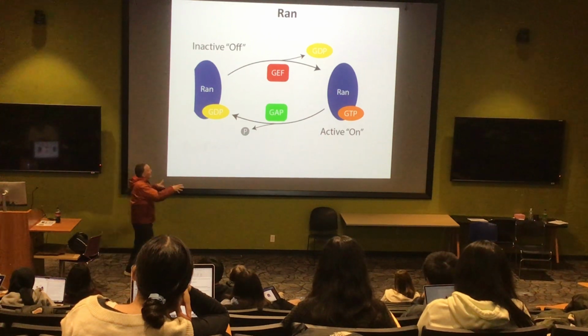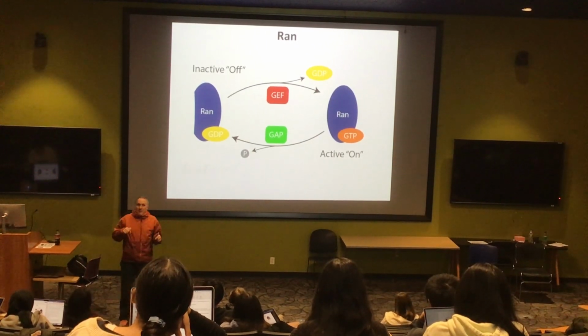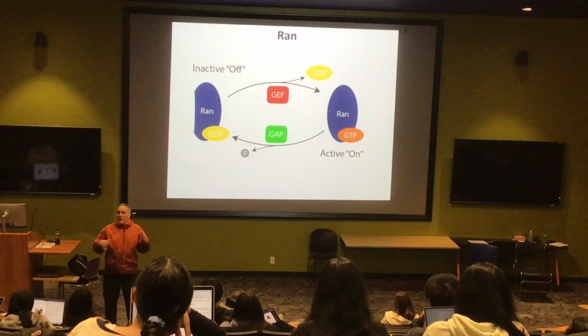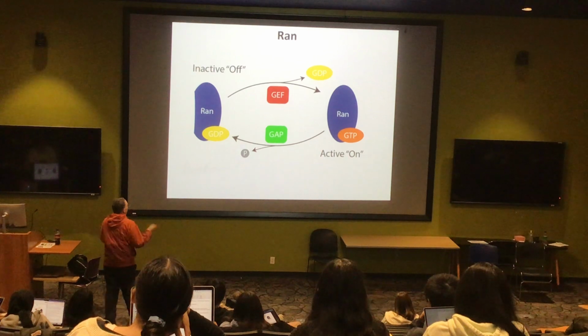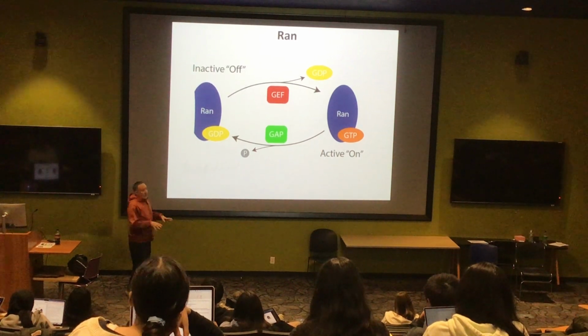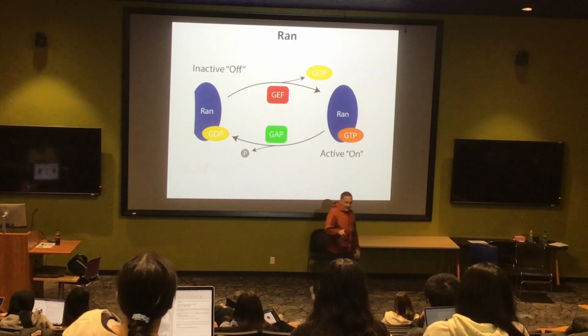So we have a protein that can have two different conformations based on whether it is bound to the GDP or to the GTP, and that conformation is significant enough to affect its affinity for other things. So there's our switch. But what is GDP or GTP having to do with it? Well, it turns out that in addition to whatever functions we'll see it have, RAN is also a GTPase.